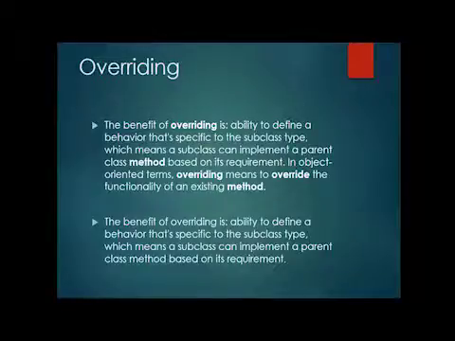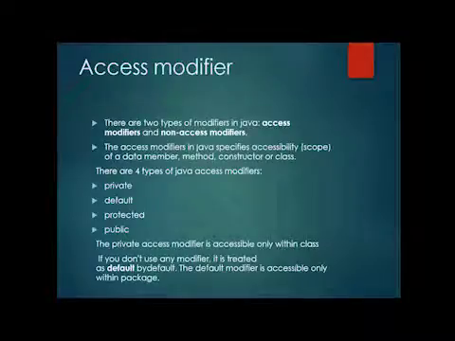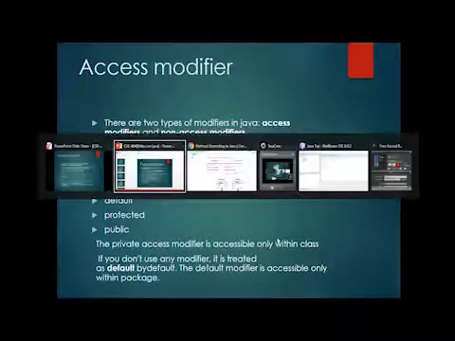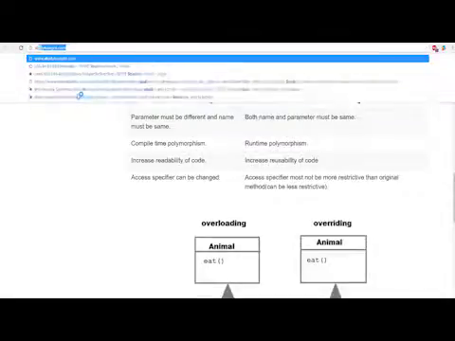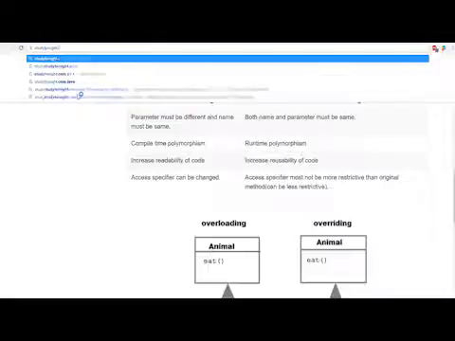Overriding, we have already done it. Now access modifiers, let's talk about it. I'm using Google, as it is not a programming-based tutorial, to show where you can find something.